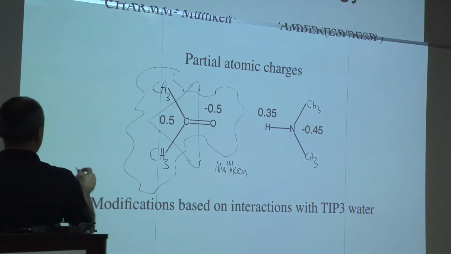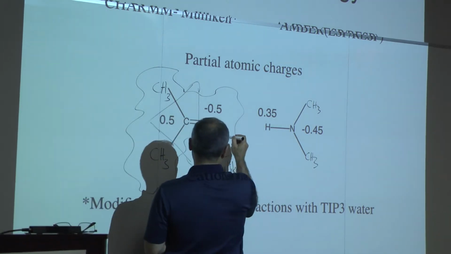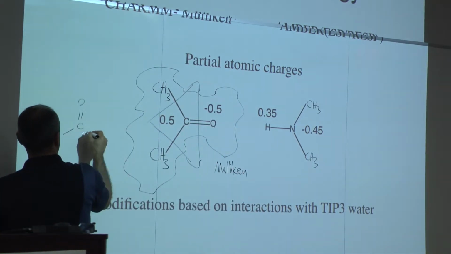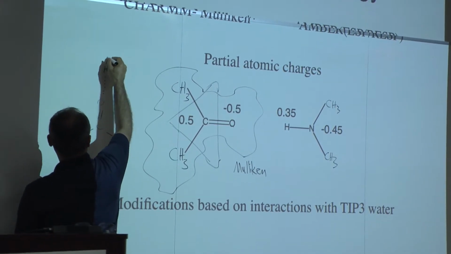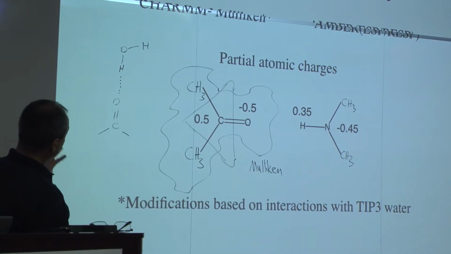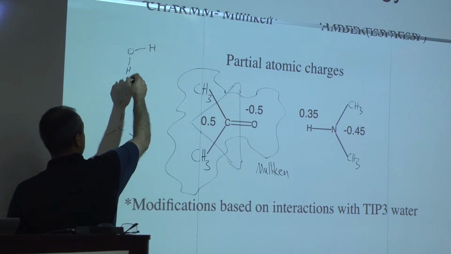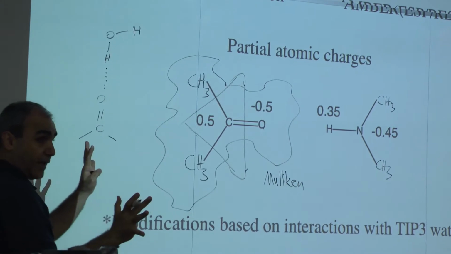So therefore, they said, let's place, this is my carbonyl group. Let me draw it here. I'm going to do a quantum mechanical calculation, and this is going to form a hydrogen bond with water. Now I'm going to optimize this geometry and calculate the optimal bond length and the energy of this interaction quantum mechanically.